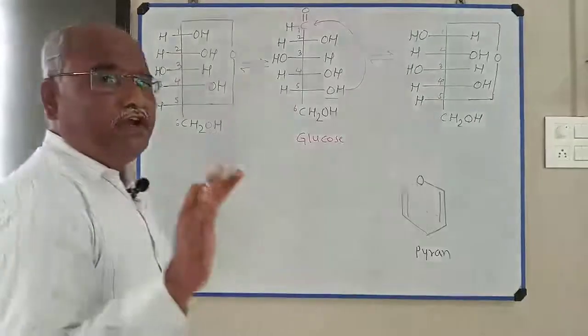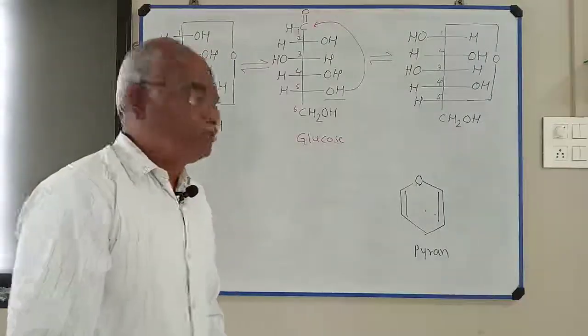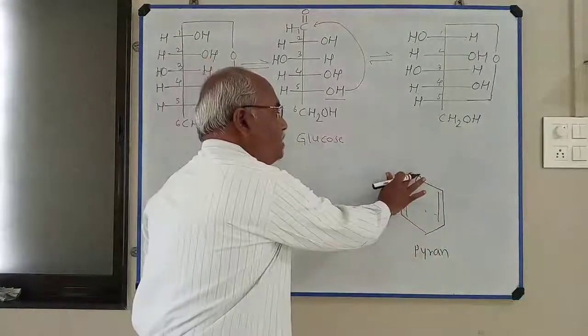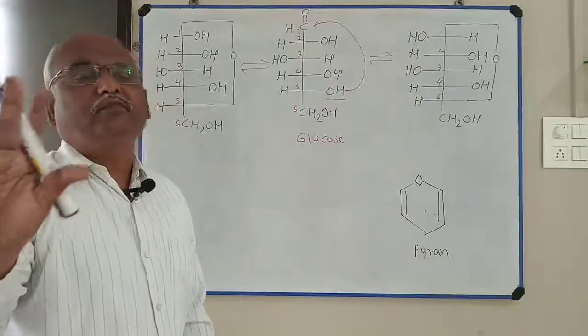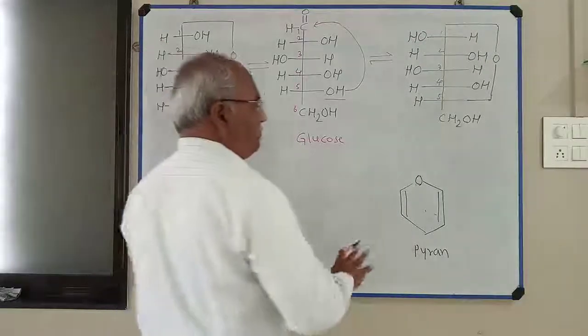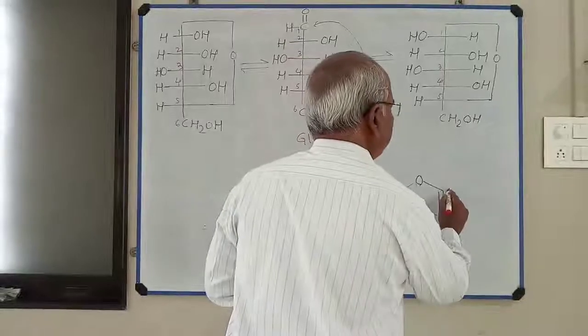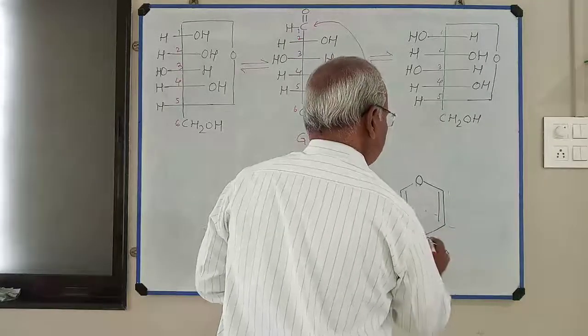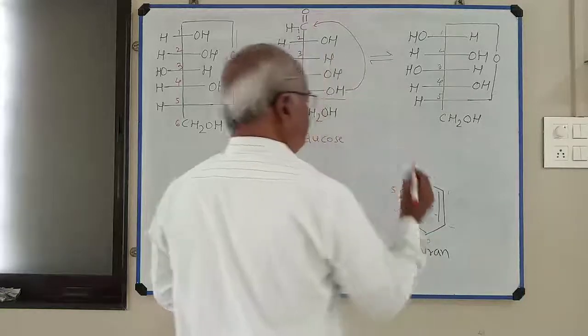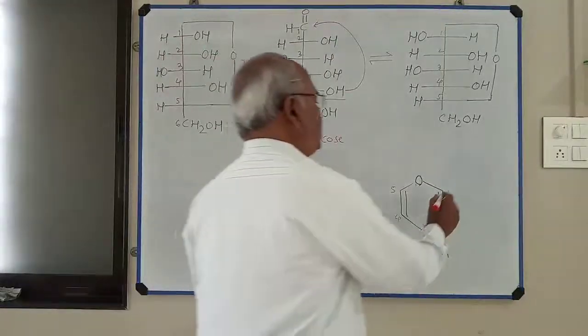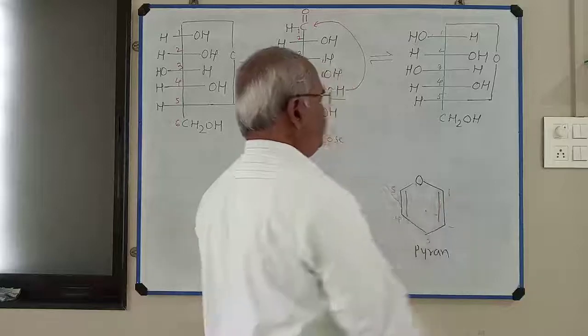It is a heterocyclic compound with one oxygen in the ring and 5 carbon atoms in the ring. This is 1 carbon, second, third, fourth, fifth. 5 carbon atoms are present in the ring.